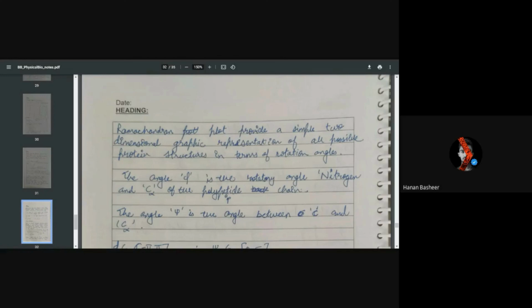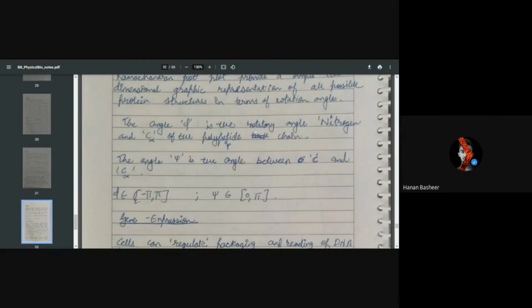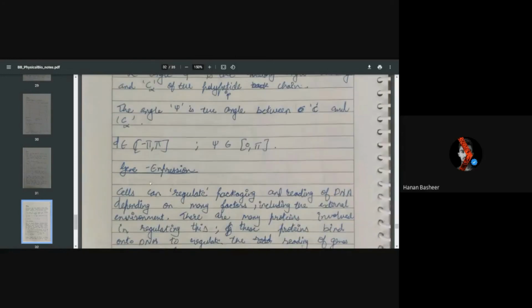Ramachandran was able to give us a plot which describes that some particular states are more favored and can be accomplished by the given molecule, instead of some other states which cannot. The angle phi is the rotatory angle between nitrogen and C alpha of the polypeptide chain, and the angle psi is the angle between C and C alpha.